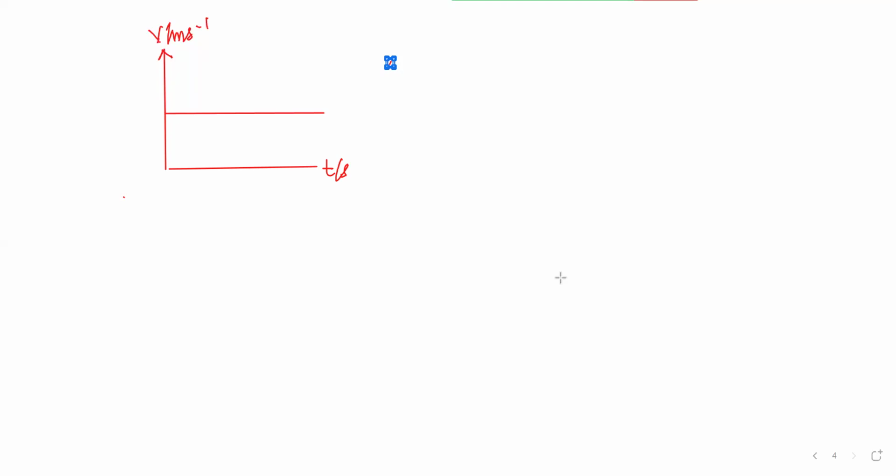Acceleration is 0. So let me put down what you are saying. Velocity constant. Motion is stationary. Acceleration is 0.